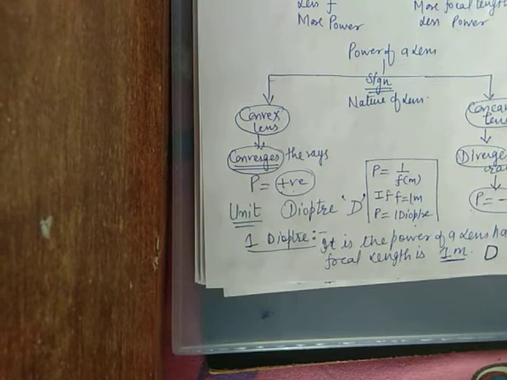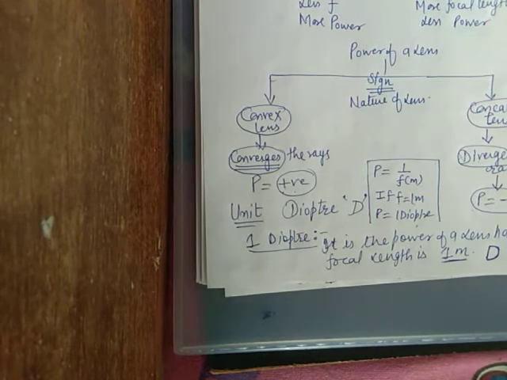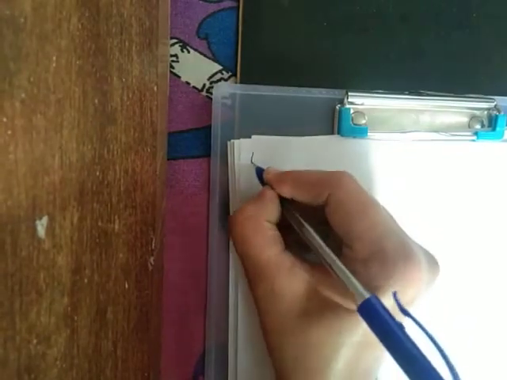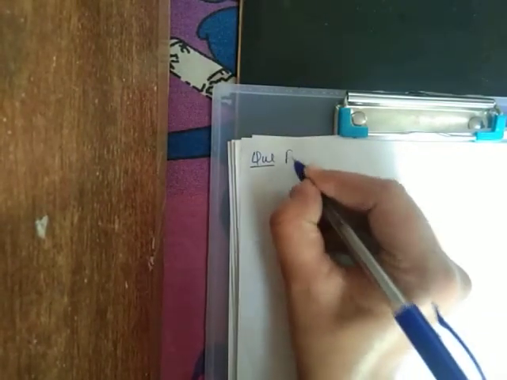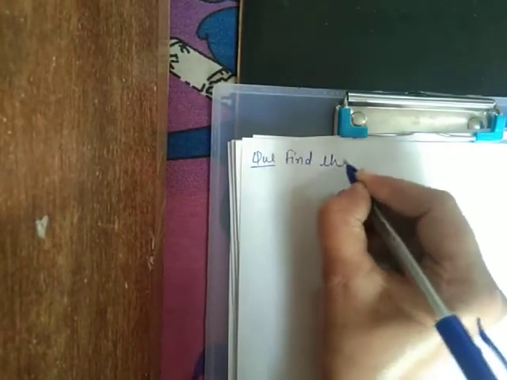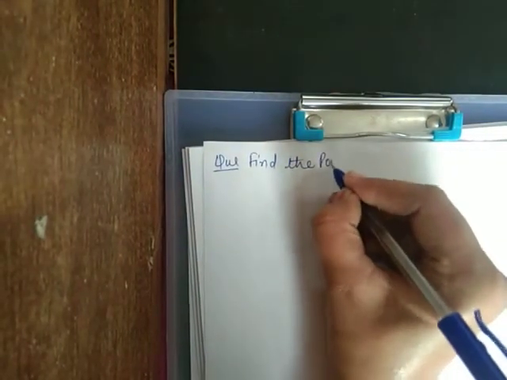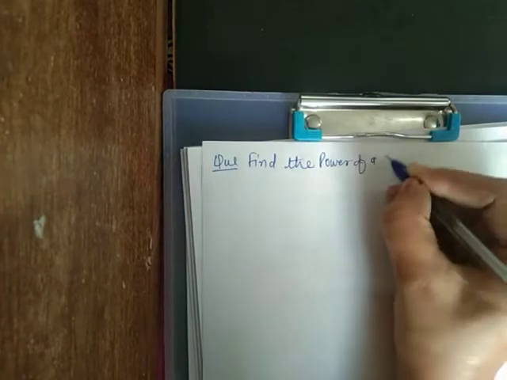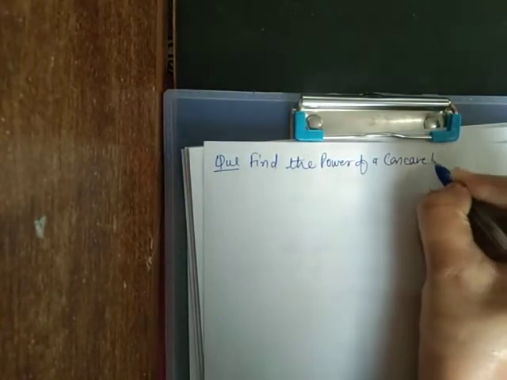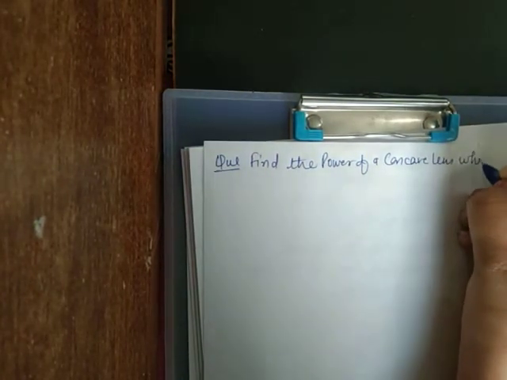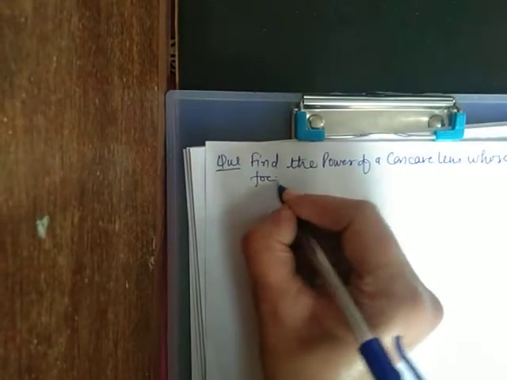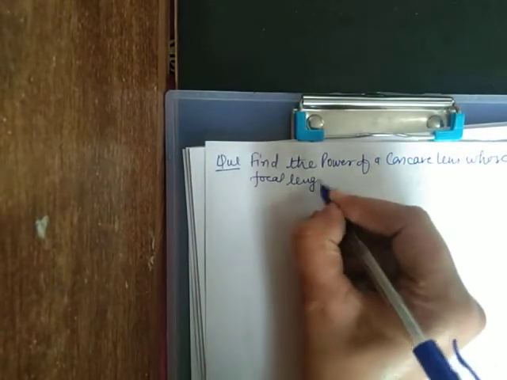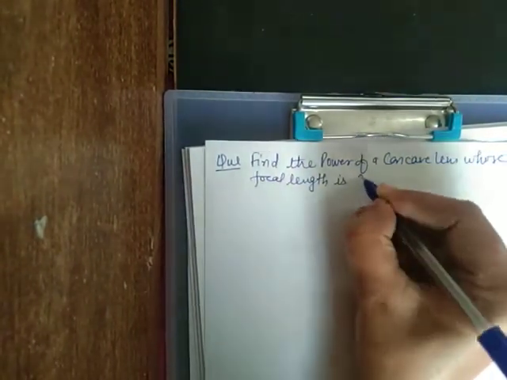Okay, so let's move towards the numerical regarding power of a lens. The numerical is: find the power of a concave lens whose focal length is 2 meter.